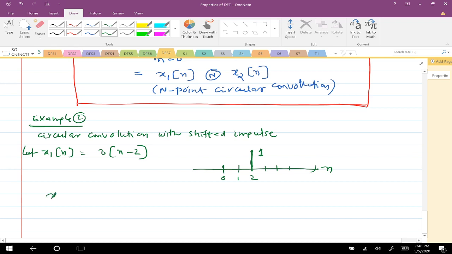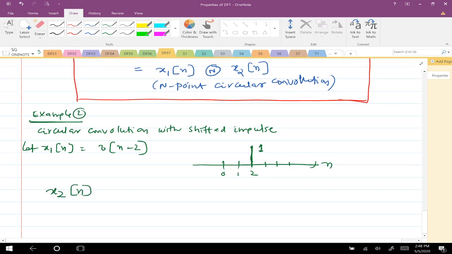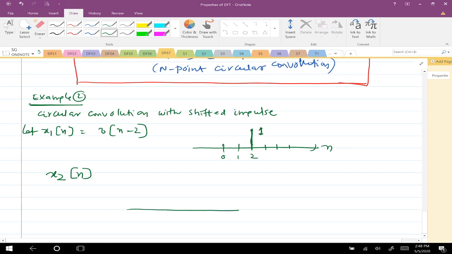And let me take something for x2 of n. For example, let me take 5, 4, 3, 2, 1. So this is n equal to 0, 1, 2, 3, 4.